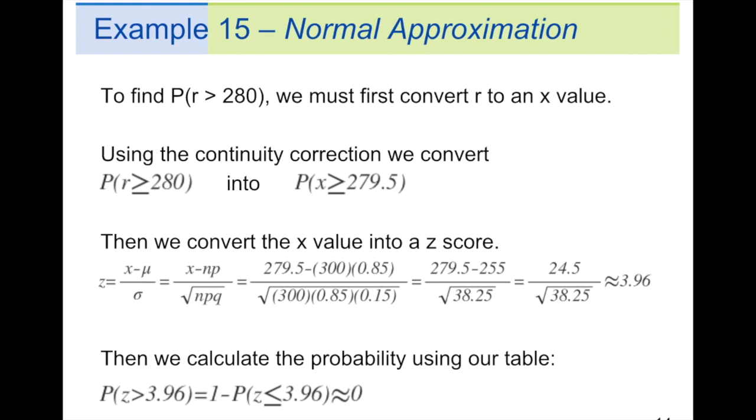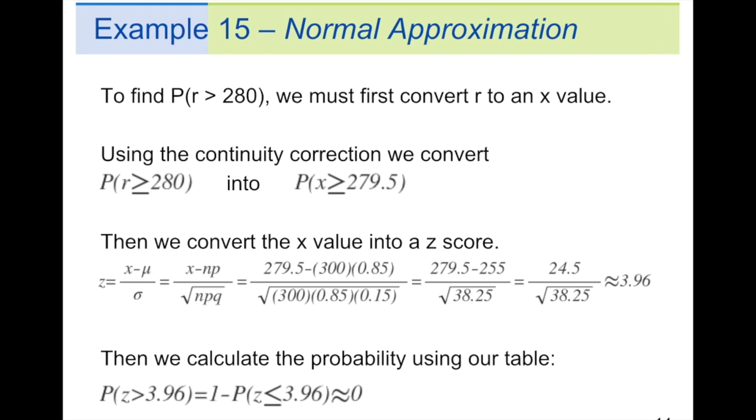So we go to our table that we've been calculating for normal distributions, and we find z is 3.96. And just like it said a few slides ago, anything that's less than 0.001 rounds to 0.